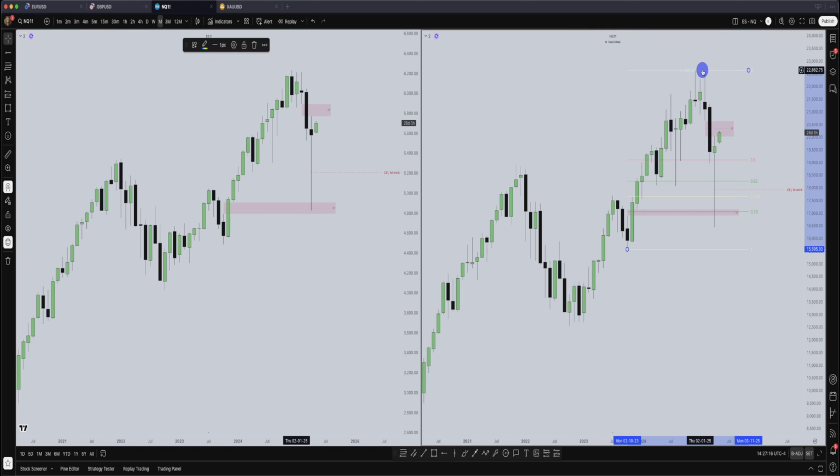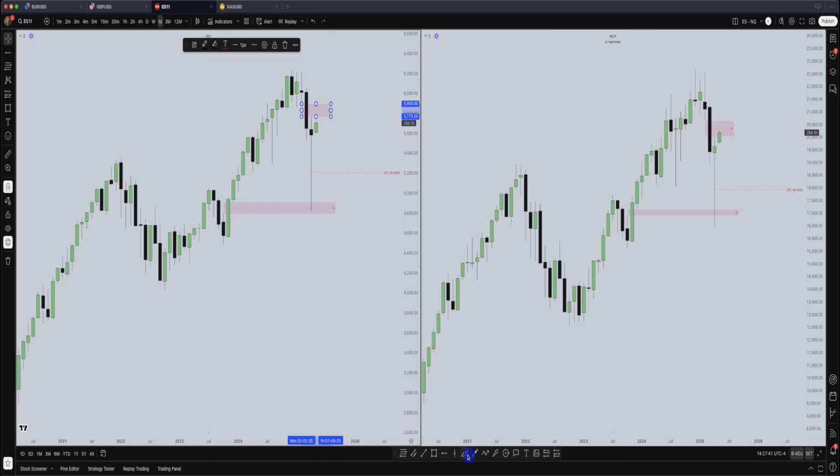I take off the Fibonacci. I also annotated this monthly fair value gap. He called this CB, a CB fair value gap. CB means sell side imbalance.